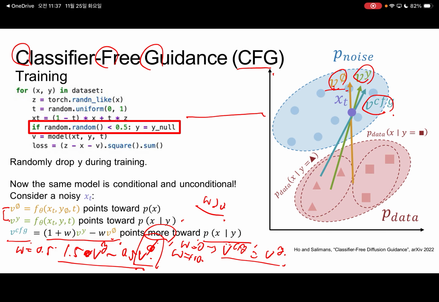So if we get rid of V null too much, then it loses realism of images, it loses plausibility of images, so that if W is too high, then something bad happens. If W is equal to 0, then it produces some result, but it does not exactly follow the condition. So we need to make a balance between Vy and V null.